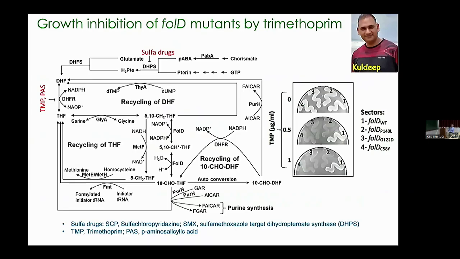And if you now put trimethoprim, so this is the situation with the wild type strain. This is happily growing in this trimethoprim situation. But these strains which are deficient in folate dehydrogenase activity don't grow, even at 0.5. And even at 1, of course, they don't grow, but wild type grows. And in the control situation, they roughly grow the same at 0 trimethoprim.